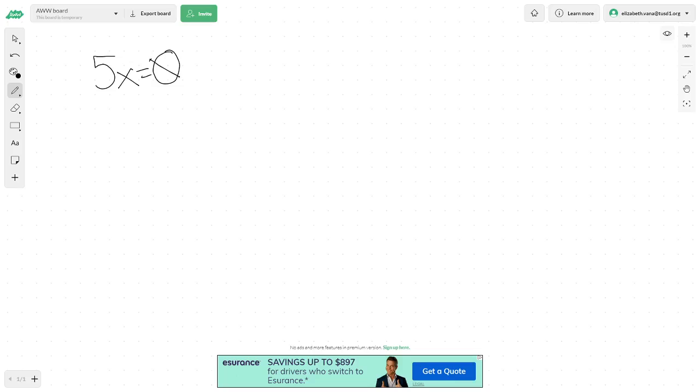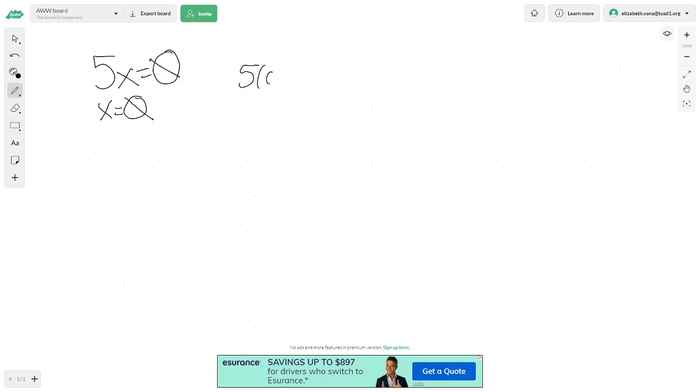So here we have 5x equals 0. So 5 times something equals 0. Well, in order to get 0 as an answer, x would have to be 0. So in order to get 0 as the answer when you're multiplying two numbers together, at least one of the quantities has to be 0.